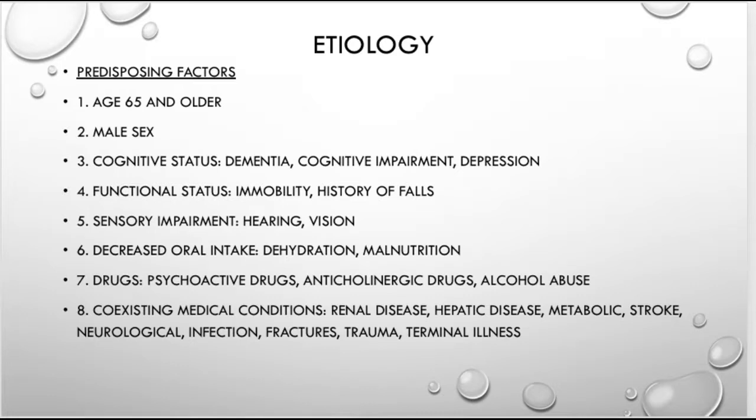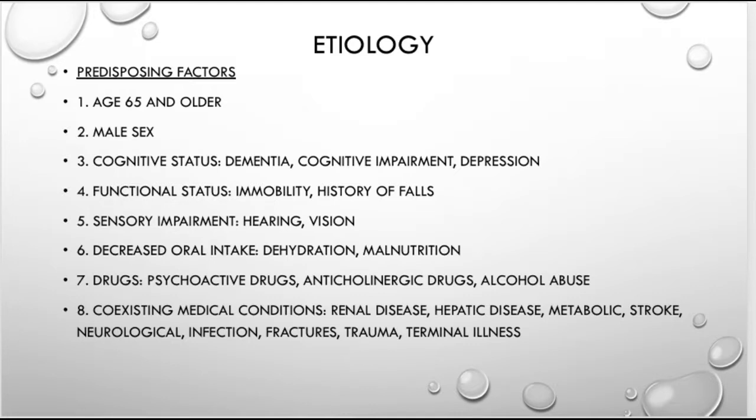That's why we always say patients who come in should get their hearing aids and their eyeglasses if they need them, because those impairments can lead to delirium as well. Decreased oral intake, dehydration, malnutrition, and certain drugs: psychoactive drugs, anticholinergic drugs, alcohol, and drugs of abuse.